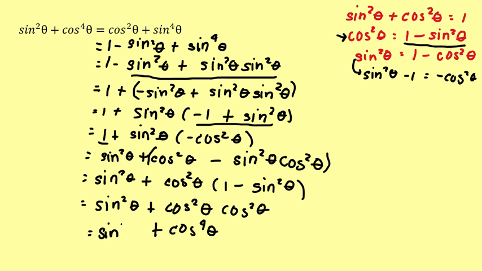So we have sine squared theta plus cosine to the fourth theta. And that's it. We're able to prove that cosine squared theta plus sine to the fourth theta is equal to sine squared theta plus cosine to the fourth theta.